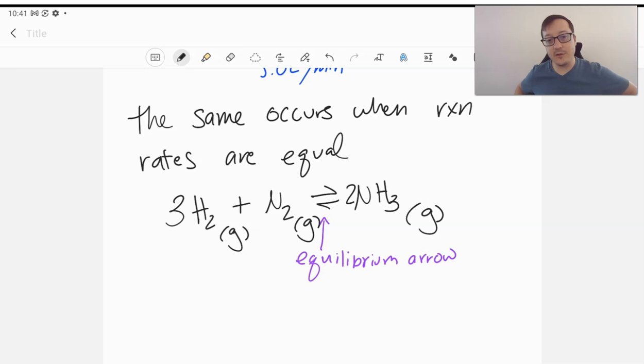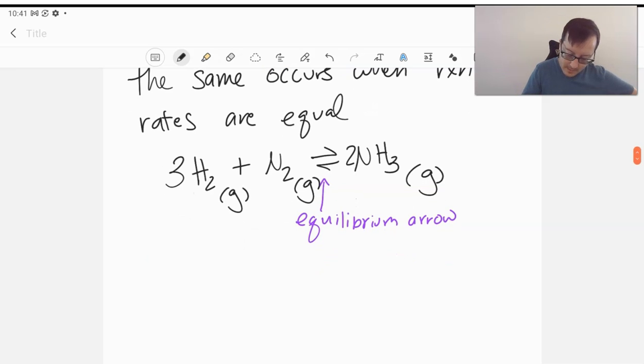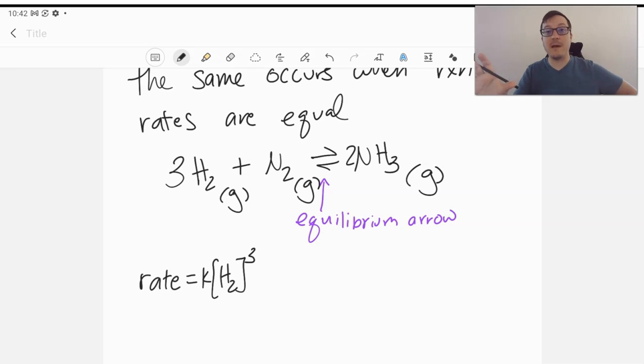If we take a look at the rate of the forward reaction, and if we assume it's going to be based on the concentrations of our reactants, again, we're going to make the incorrect estimation that the rate is dependent on, well, this is a tetramolecular reaction here, but it doesn't matter that this is not the correct rate law for this.